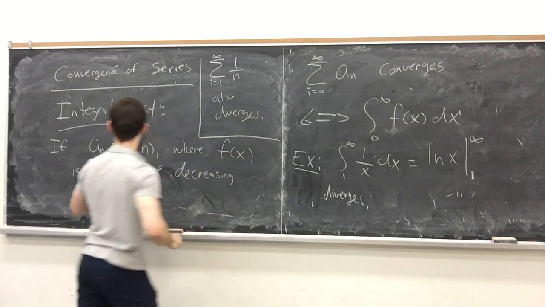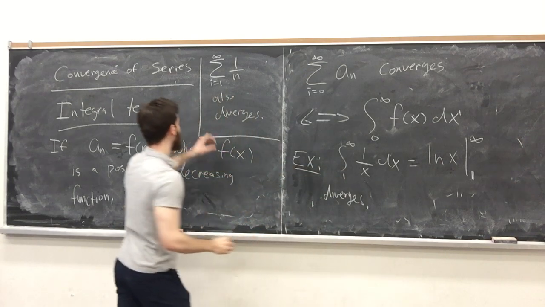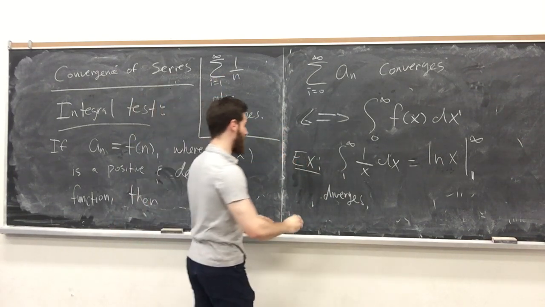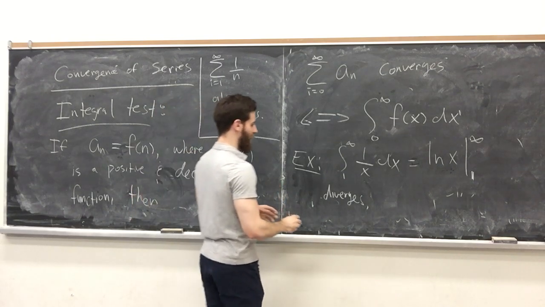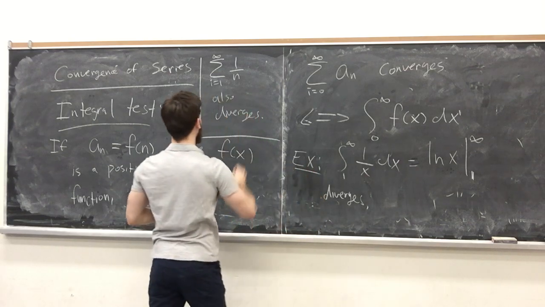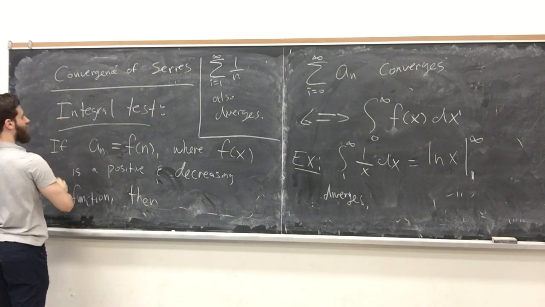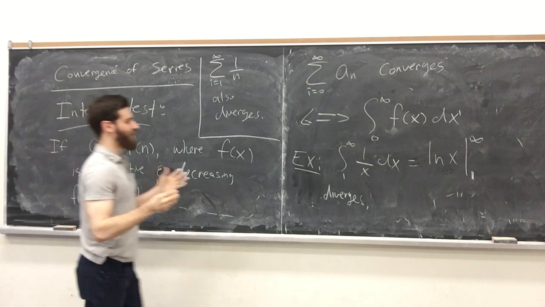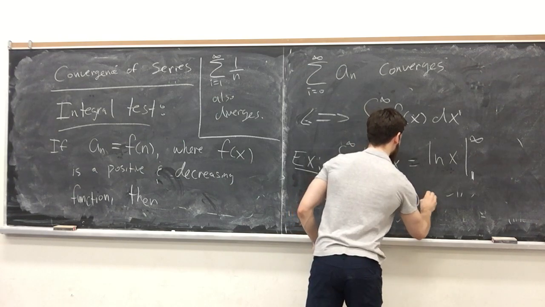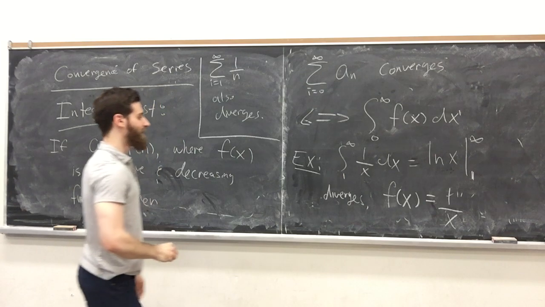So the reason is, here our f of x is 1 over x, so 1 over n is equal to f of n. Let me just write this. So f of x is equal to 1 over x. Hopefully you can see that.